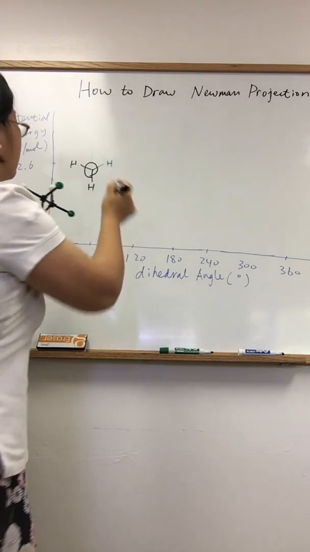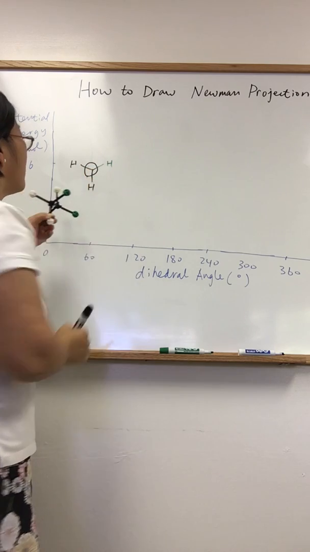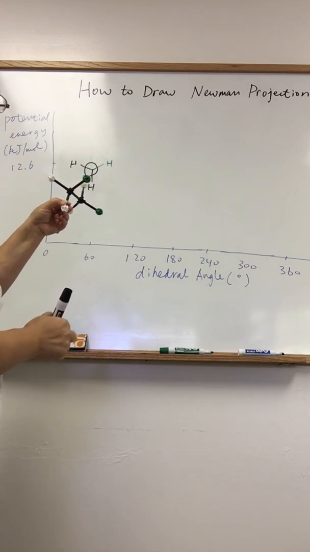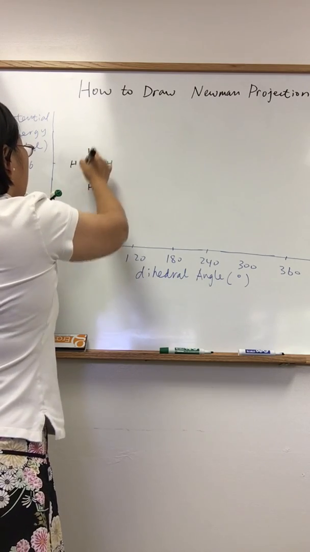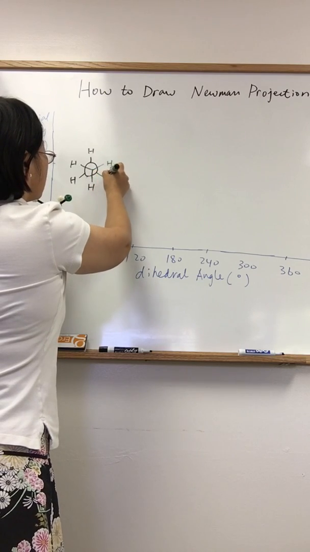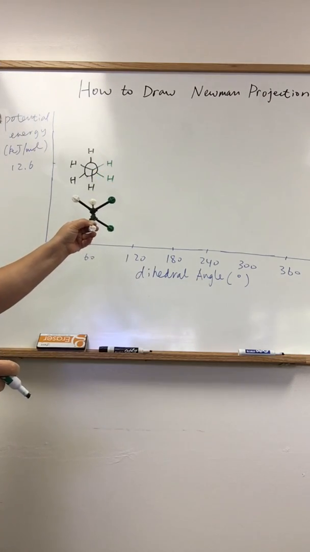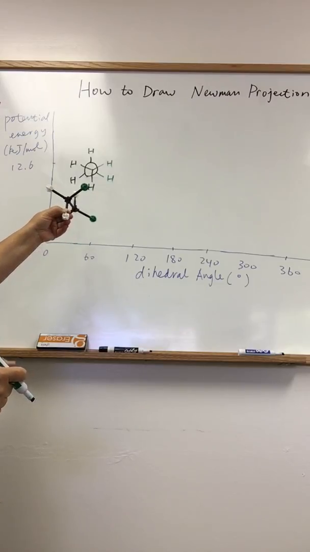Didn't do a perfect circle. So the three substituents bonded to this carbon could be described as an upside down Y. Again, I'm using a green bond to help us understand the bond rotation a little better later.